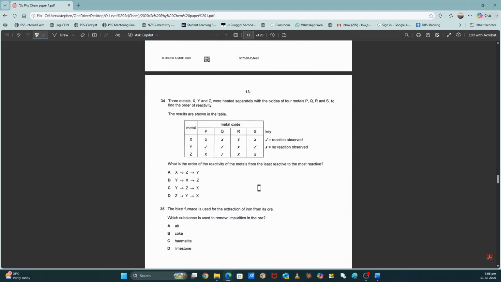Three metals X, Y, Z and P, Q, R, S. Find the order of activity. They never tell you the identity. The results are shown in the table. A tick means there is an observation, and a cross means no reaction, which means not reactive.